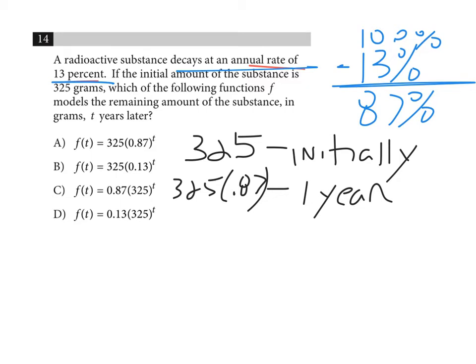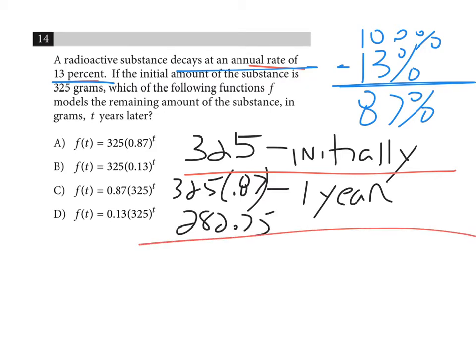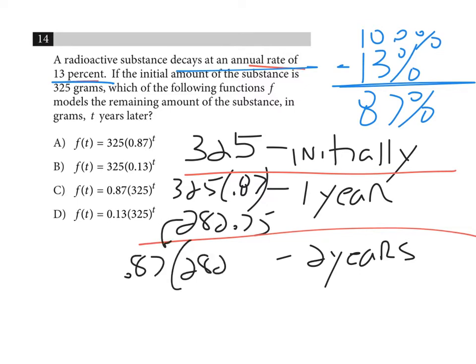So in this case, after 1 year, its weight is 282.75. After 2 years, it's basically going to be 87% of what it was the year before, or its weight is 87% of what it weighed before.